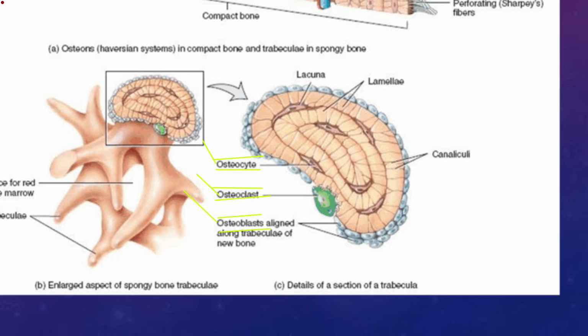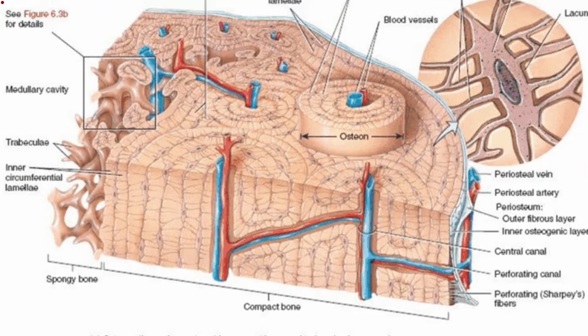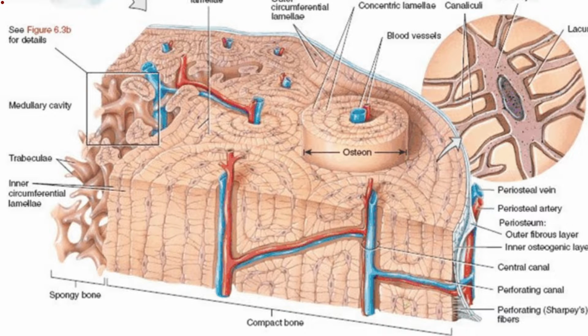So let's look at this picture again and name the things on here. I am going to kind of colorfully mark these things as we're talking about them. Each one of these circular structures is called an osteon or Haversian system.